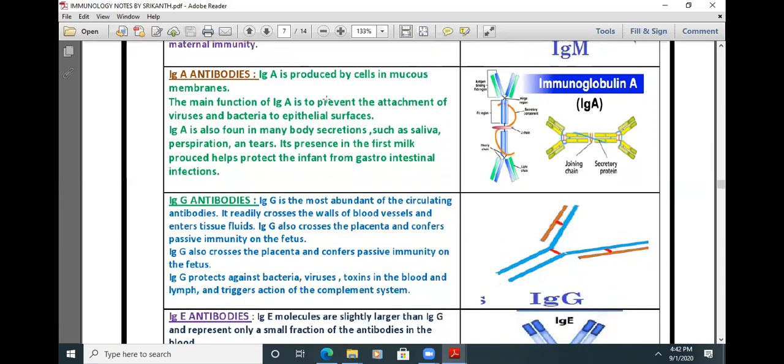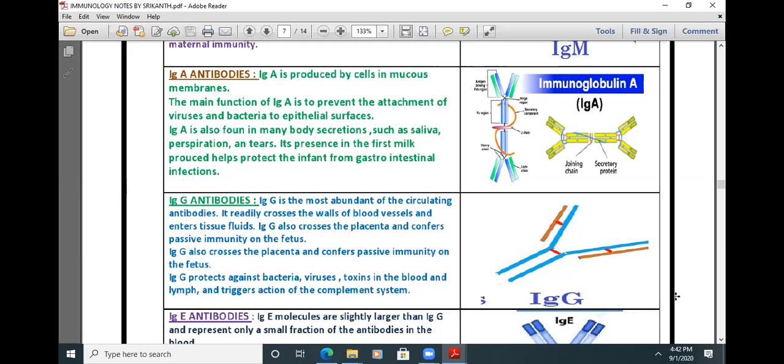IgA can prevent that attachment. IgA is also found in many body secretions such as saliva, perspiration, and tears. Its presence in the first milk produced helps to protect the infant from gastrointestinal infection. That means colostrum, mother's milk.